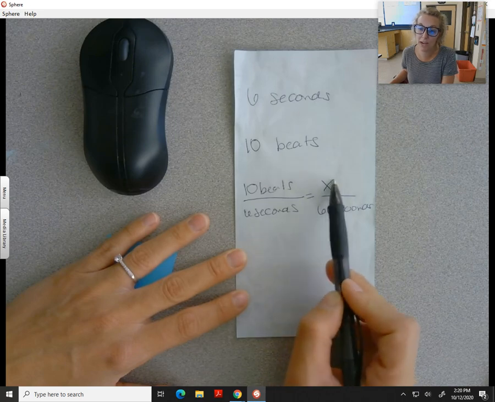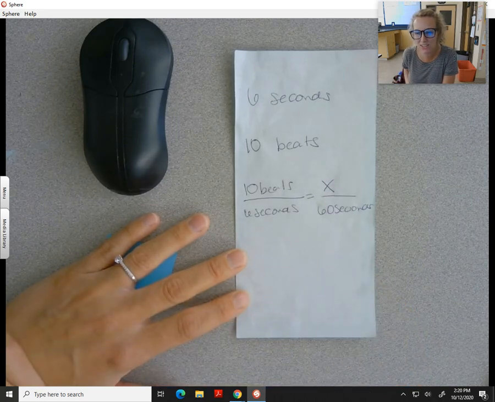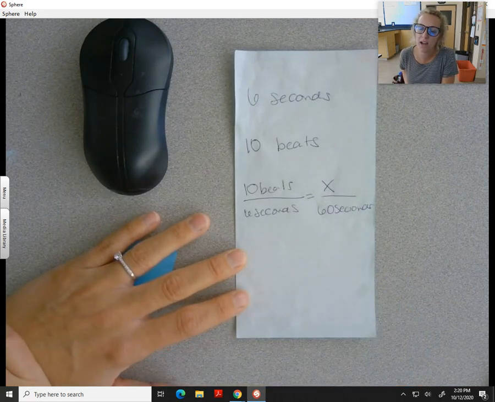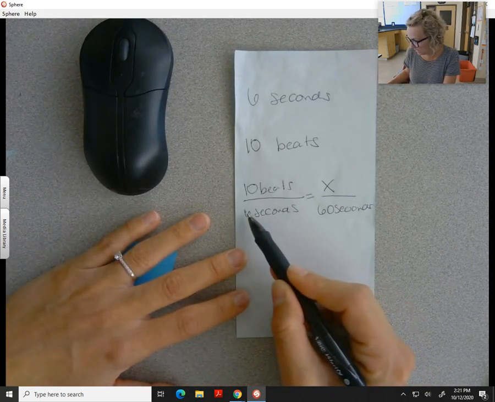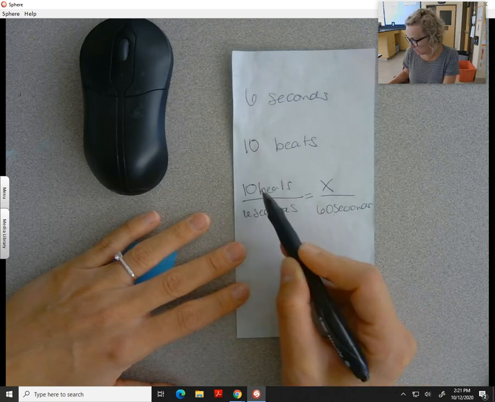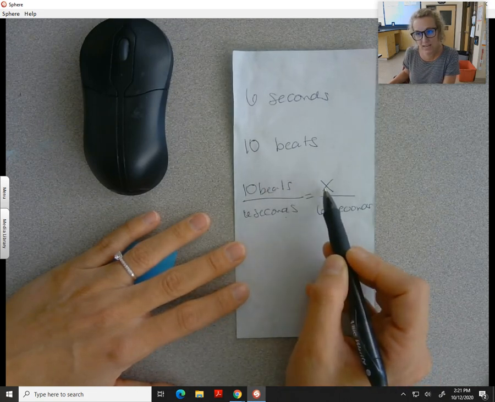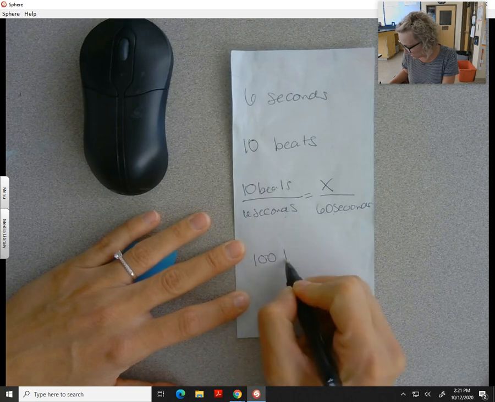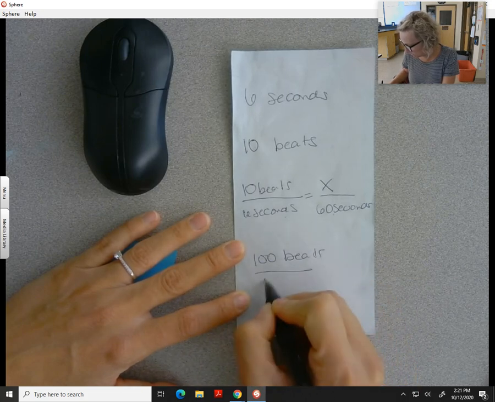If you're solving algebraically, you could do this. Now, what I like to do is I know that there are 60 seconds in a minute. And so if I multiply 6 times 10, I get 60 seconds. If I multiply 10 times 10, I get 100 beats per minute.